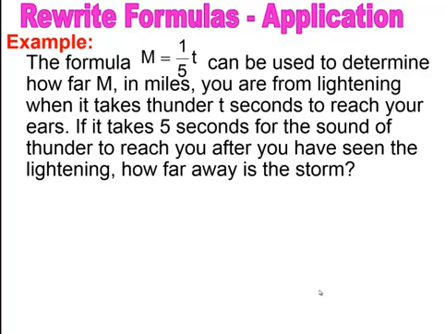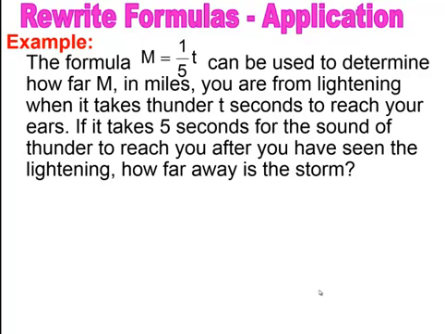So the m equals 1/5 t is miles equals 1/5 times time, and that's important. So we're asked here, if it takes 5 seconds for the sound of thunder to reach you after you have seen the lightning, how far off is the storm?